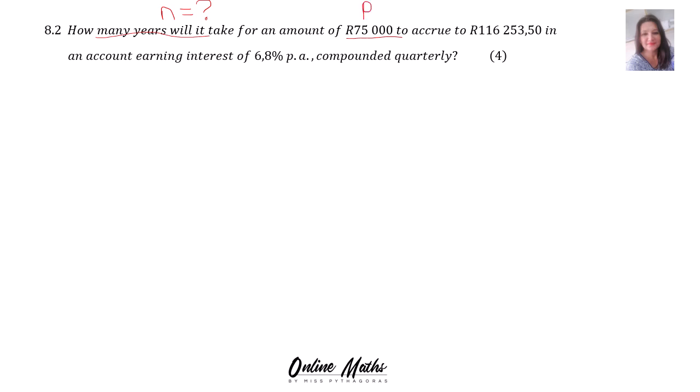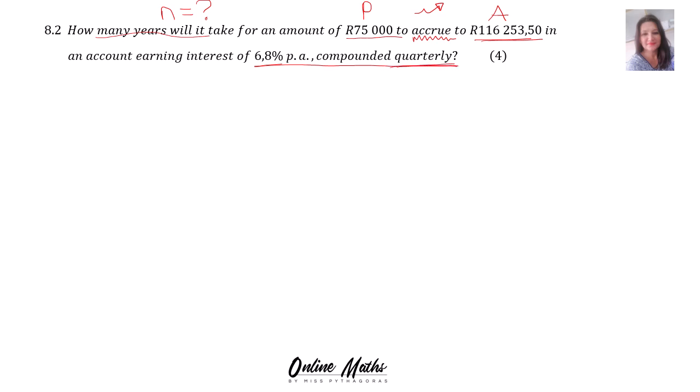To accrue, what does accrue mean? Accrue means to grow. To 116,000, so that is A, your final amount, in an account earning interest of 6.8% per annum compounded quarterly. All right.